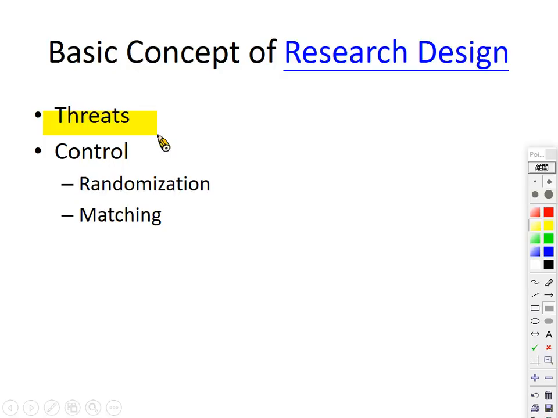There may be another threat. For example, when I select these 2 boxes of mice, supposedly I need to use randomization. So they should be equal in their general characteristics, right? But strangely enough, the one I selected for this box, although I use randomization, they are super mice, never die.